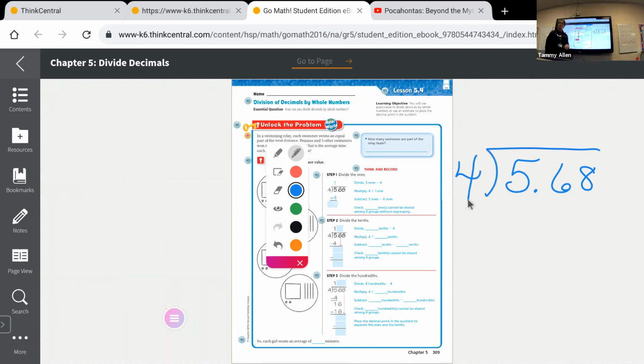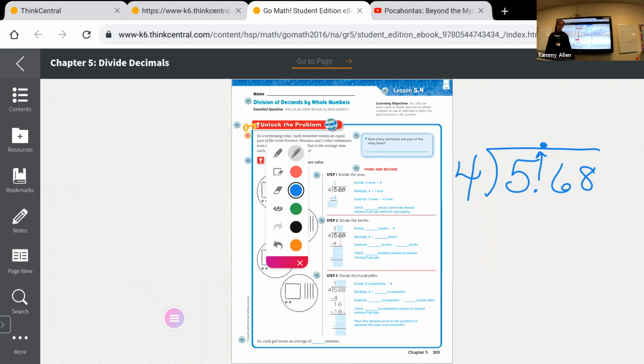Because we're dividing by a whole number, nothing changes in that 5 and 68 hundredths as far as the decimal point. So our decimal point's not going to move, so we're just going to take it straight up and leave it right there. It's not going to change. We've got it placed, we're done with it. So that should be the first thing that you do, because we're just dividing it by a whole number.